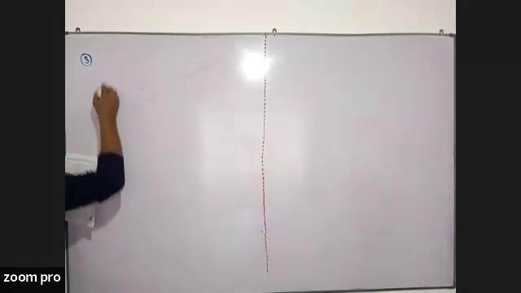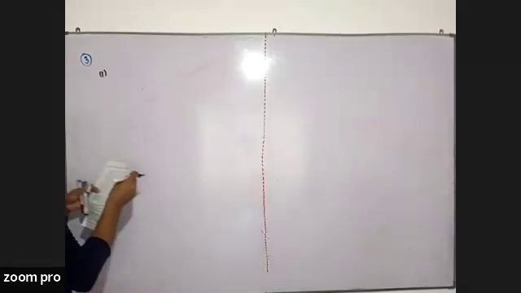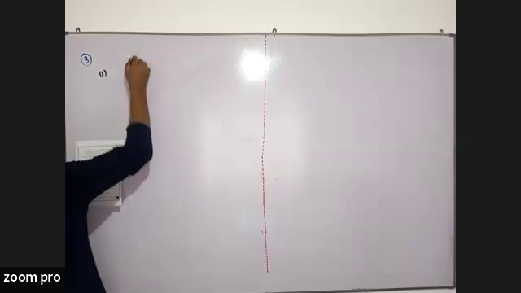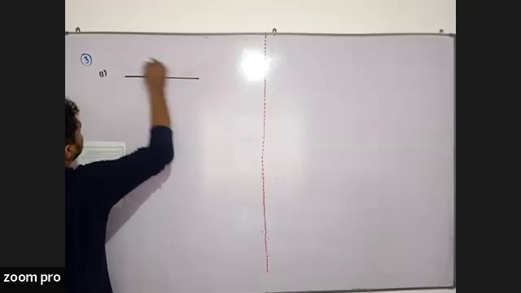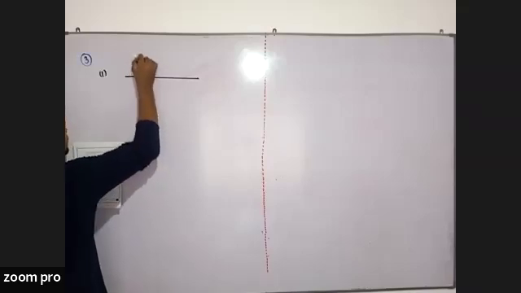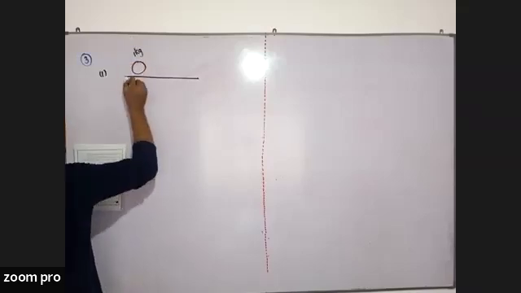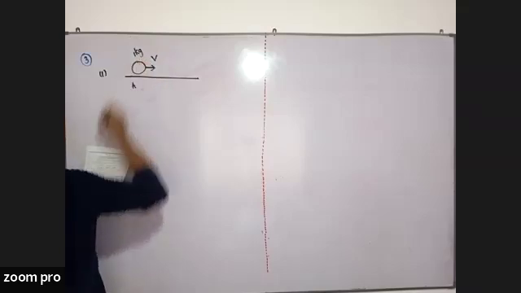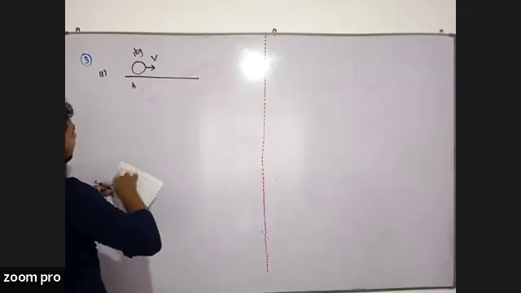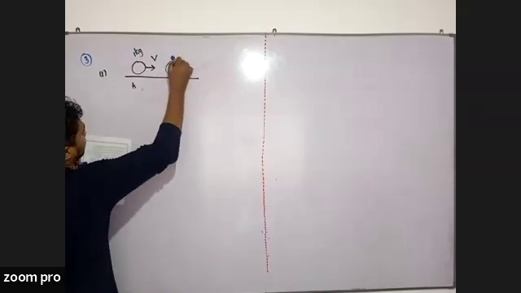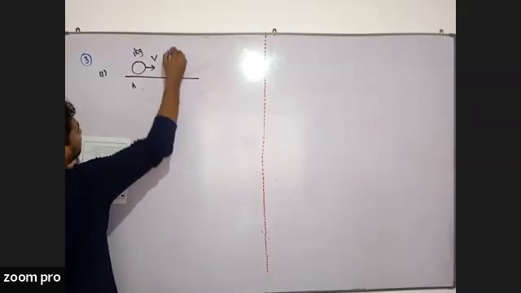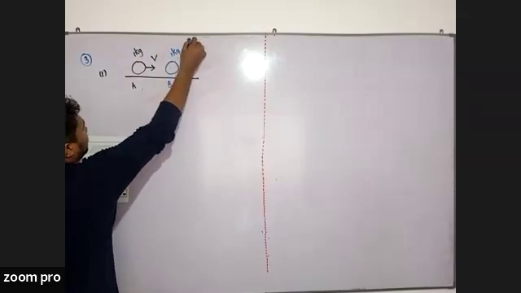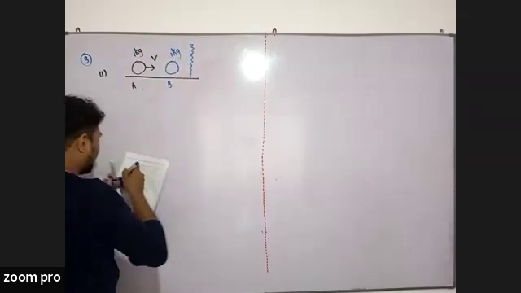So guys, now these collisions can be considered as elastic collisions, right? Let's consider this one as trolley A, moving with velocity V. Initially, trolley B is at rest, but it has the same mass.